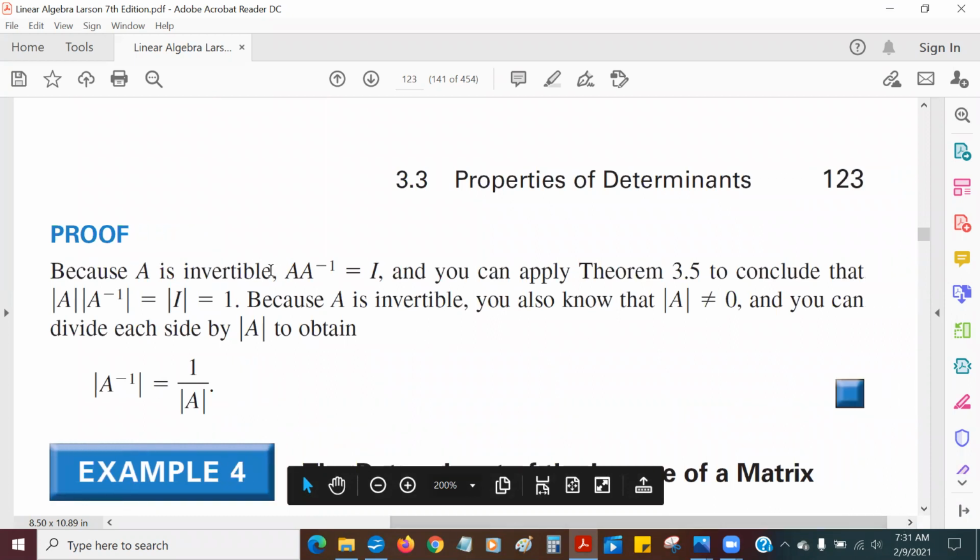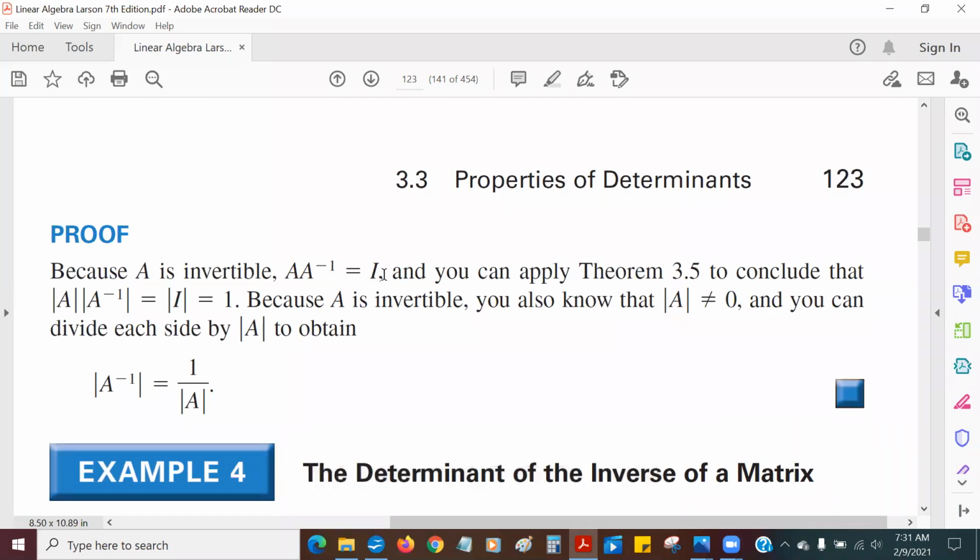If A is invertible, A times A inverse is equal to the identity matrix, and that means the product of the determinants is the determinant of the product, which is the determinant of I, so it equals 1. So if the determinant of A times the determinant of A inverse equals 1, that means they're reciprocals. That's kind of cool.